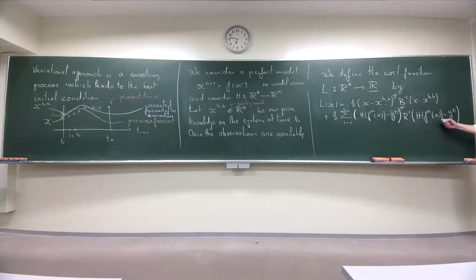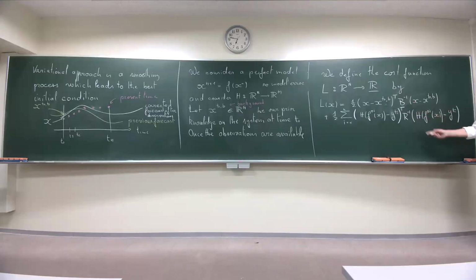And we have the evolution of x. Then we use this observation operator to make it comparable with the observation.